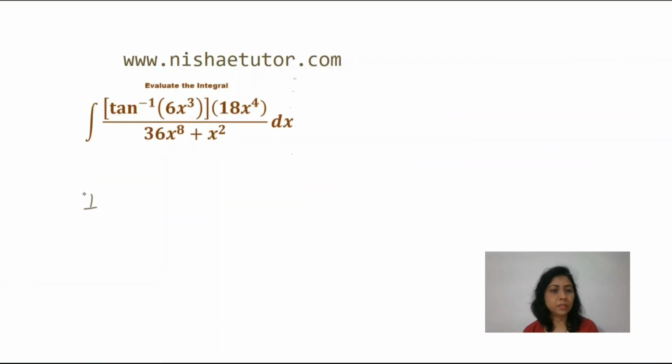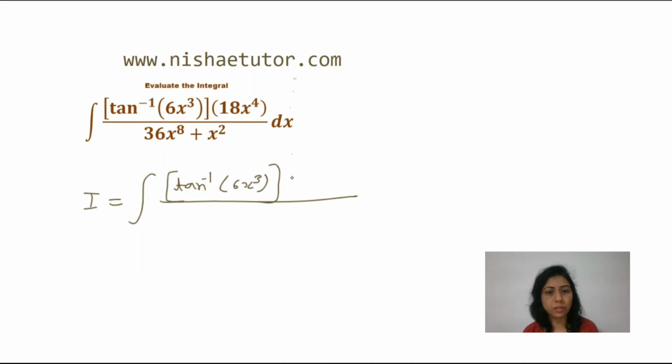So I is equal to the integration of tan inverse 6x cube, this thing multiplied with 18x to the power 4, over 36x to the power 8 plus x square, dx.